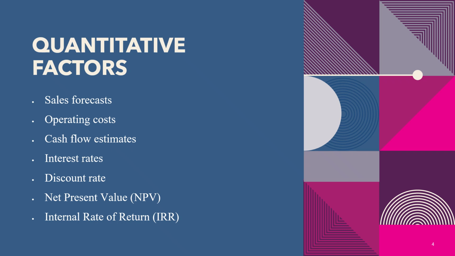So companies are going to rely on tools like NPV or internal rate of return, also known as the IRR. For example, if sales drop by, say, 15%, then managers can recalculate the NPV to see if the investment is still worthwhile. So looking at these numbers is what's going to help companies make more informed decisions instead of just relying on assumptions.